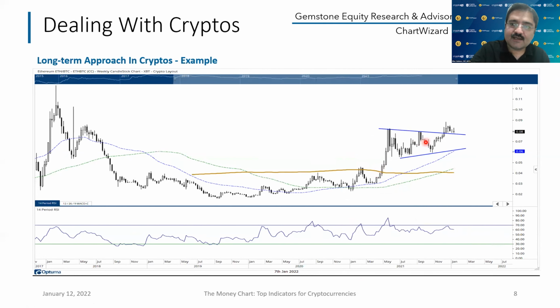Now, if I'm planning a fresh entry, then I see that these are the points which are offering resistance to the Ethereum prices. So I will wait for a breakout to happen, and if the prices are above this resistance line and sustaining above that, I may consider buying Ethereum and storing it for a medium to long term holding horizon.